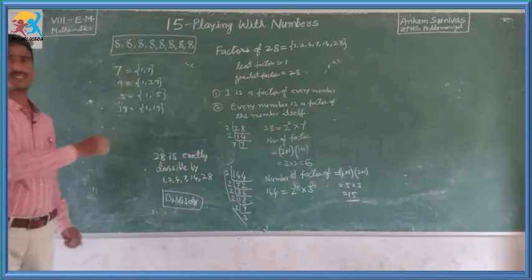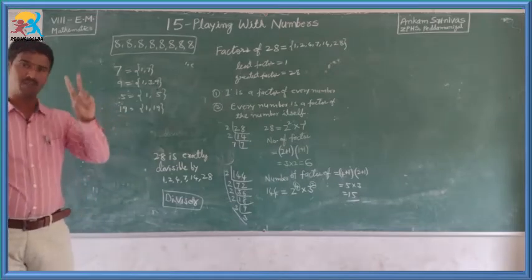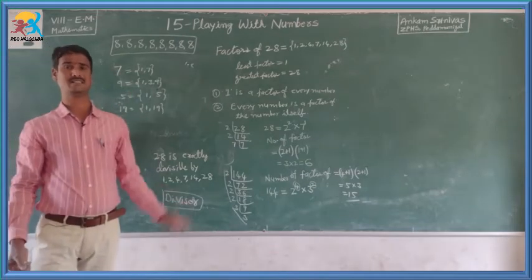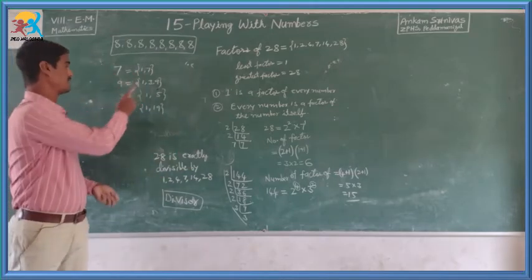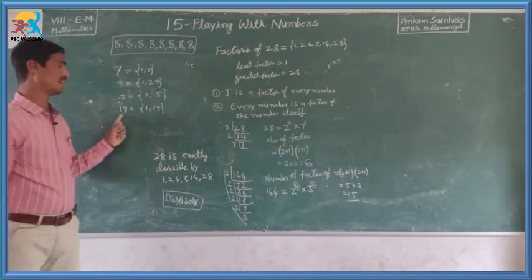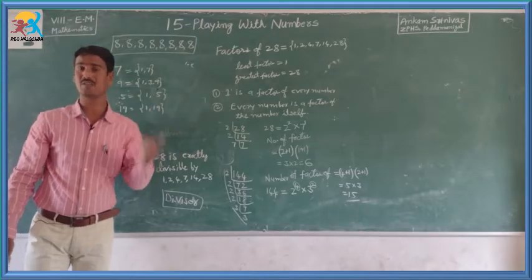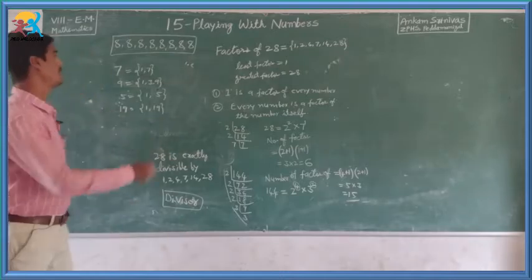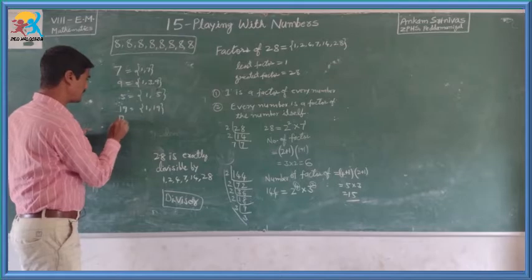So if you observe all these, some numbers have exactly 2 factors. So 7 has 2 factors, 5 has 2 factors, 19 has 2 factors. The numbers which have exactly 2 factors are called the prime numbers.